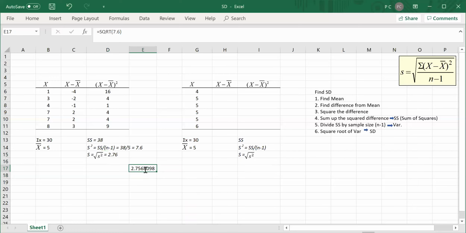That's the standard deviation for this small data set. If this data is about average miles traveled to class, the average miles traveled will be 5 miles, and the standard deviation is 2.76 miles.